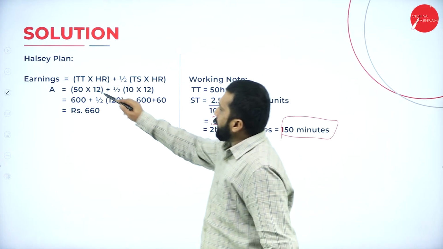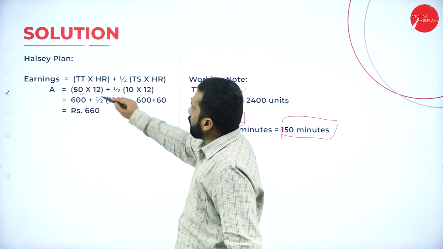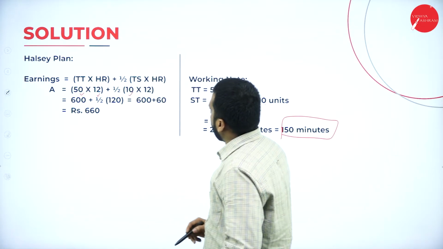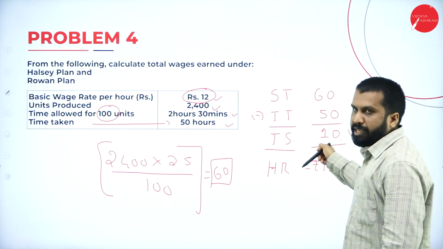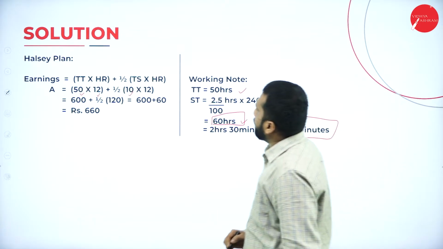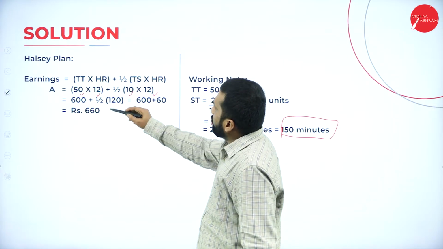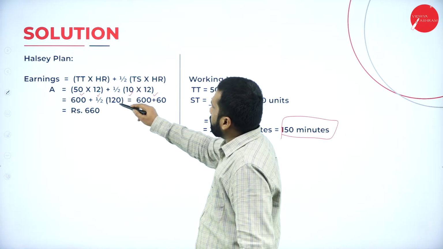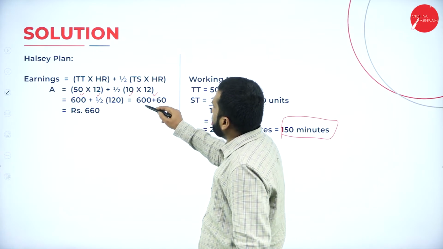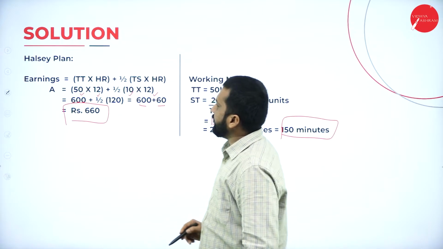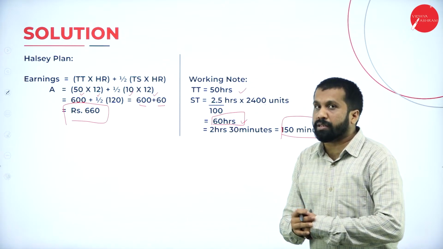Now, time taken 50 hours, hourly rate 12, time saved 10 hours. See, already we calculated what is the time saved? 10 hours. Then, hourly rate is 12. Along with that, your 600 plus half of the 120, it will be 600 plus 60. Your final answer is 660. Hope you are clear.